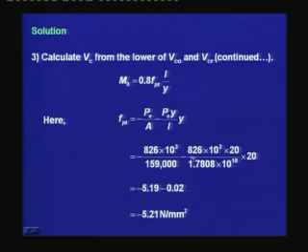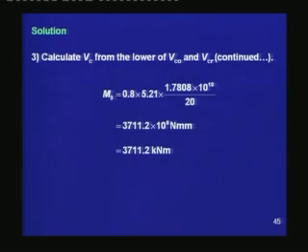Once we substitute the values, we find that fpt is equal to minus 5.21 Newton per millimeter square. Thus, the stress at the level of CGS due to the pre-stressing is 5.21 Newton per millimeter square. From this, we calculate the value of M0.